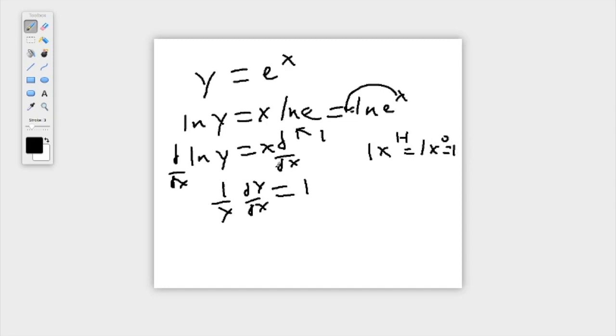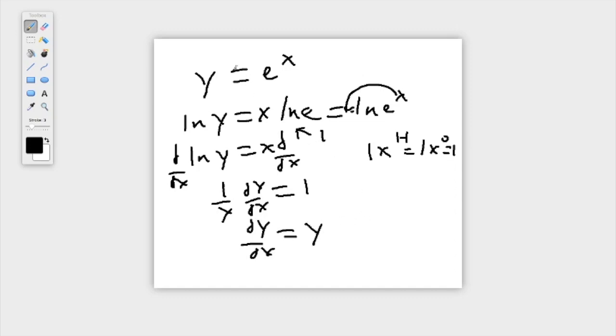So yeah, it's pretty useful that we figured out the derivative of ln x, so we can basically skip the formal definition to find the derivative of e to the x using implicit differentiation. So what I'm going to do is isolate dy dx, and then you get dy dx equals y.